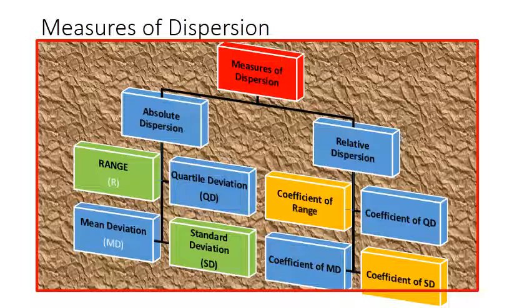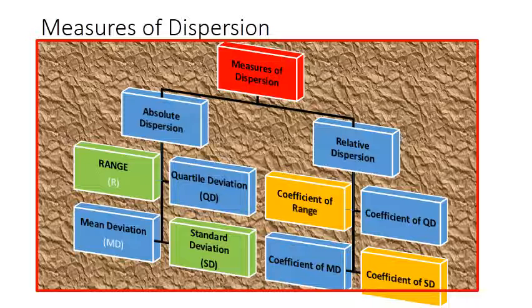So we take them as positive without any logic. To overcome that problem, we have standard deviation. To eliminate those negative signs, we square the deviations.